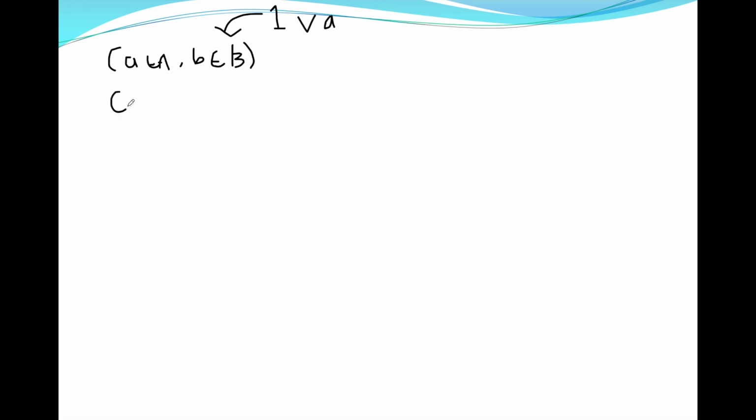Let's say we have ordered pairs something like (1, 2), then (2, 1), and then we have (3, 2).